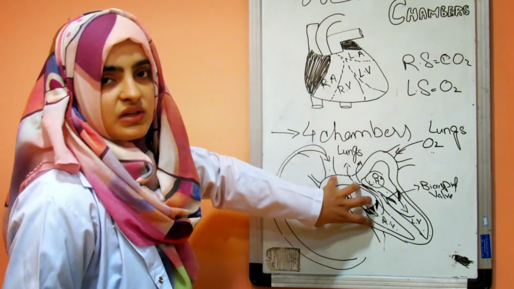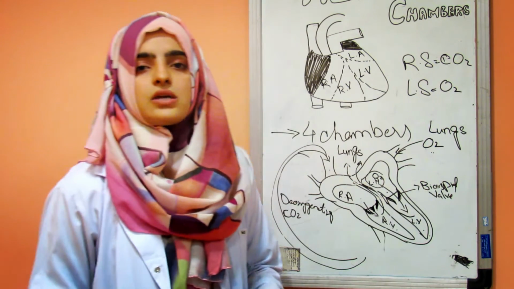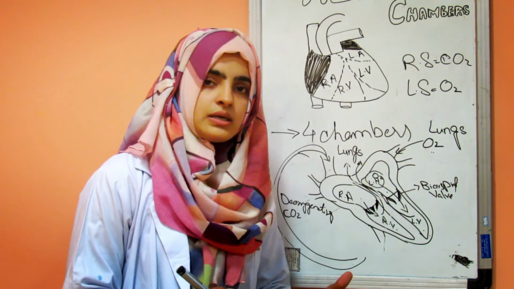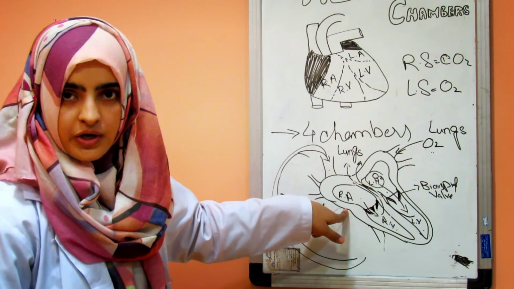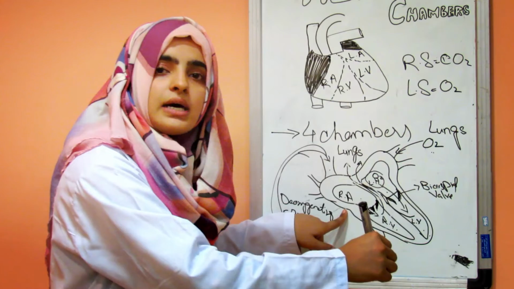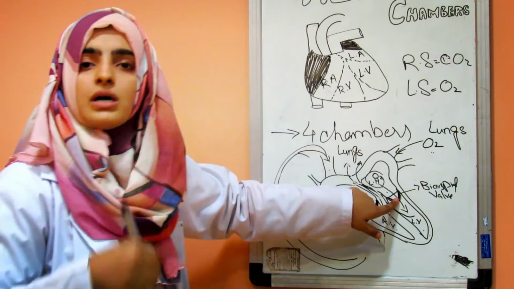Here we have the right side of the heart, and the left side of the heart carries the oxygenated blood from the lungs. The right side of the heart carries blood from the body to the lungs, and the left side carries blood from the lungs to the body.